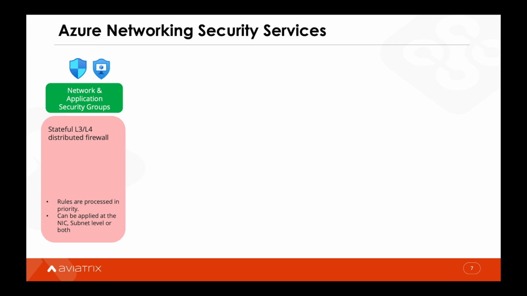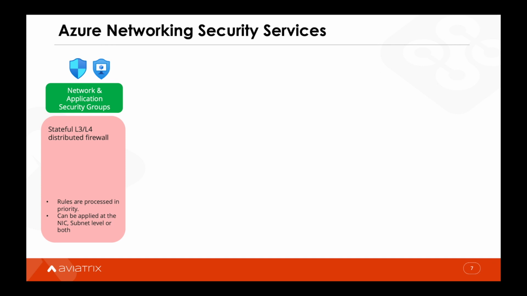So the idea with this is that instead of relying on a network identity, like an IP address or a port number, now we are relying on the application or service that that virtual machine provides, or that network interface provides. So it adds more context to the network security group.